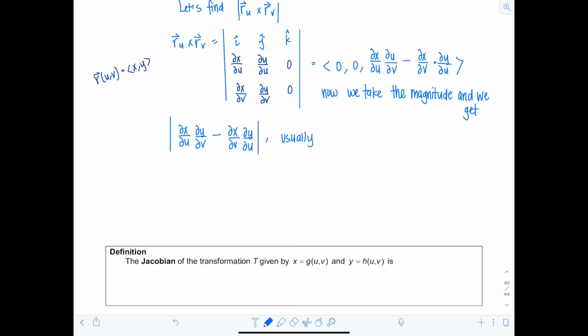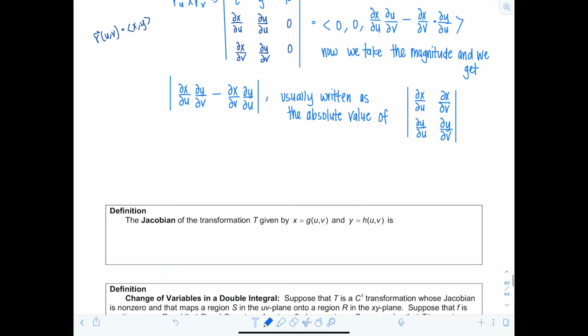Usually, this is written as the absolute value of the following determinant. Yes, del x del U, del x del V makes up the first row of this 2 by 2 matrix whose determinant we're taking, and then del y del U, del y del V, and we take the absolute value of this bad boy, okay?